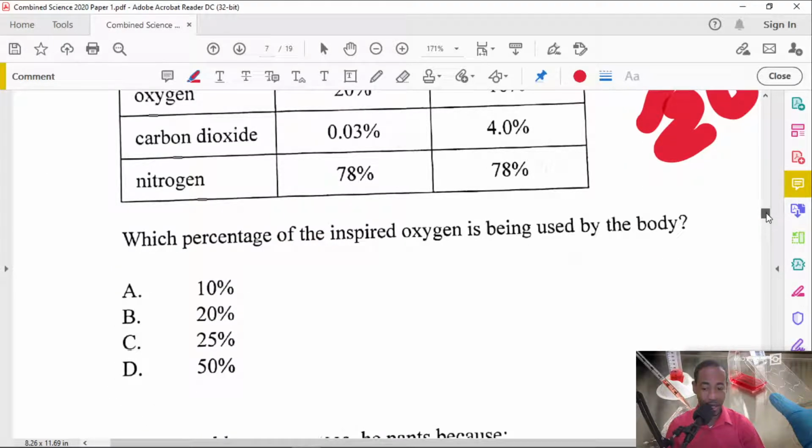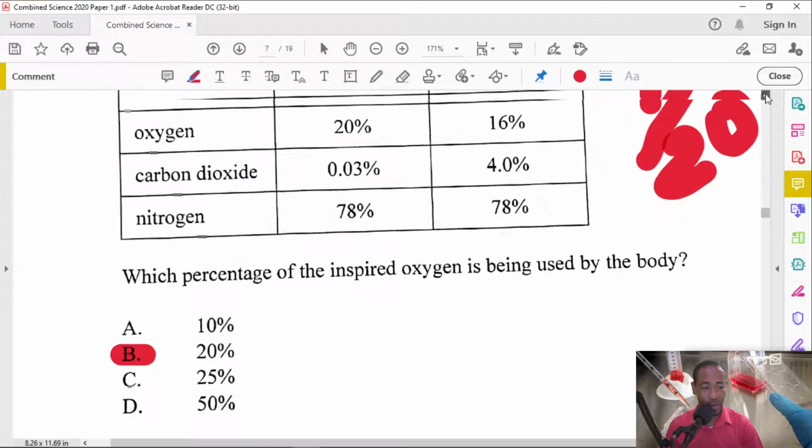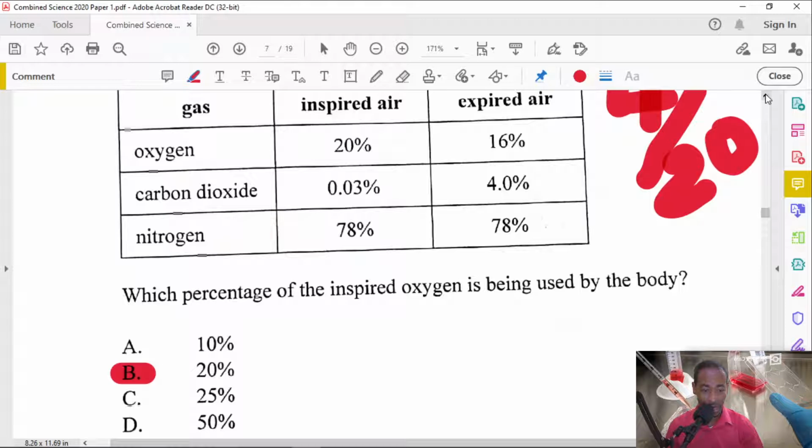So our answer there will be 20%. Remember to calculate the difference, which is 4%, between the two numbers. So 4 divided by what? 20. And so it will give us 20% of that air is being used up.